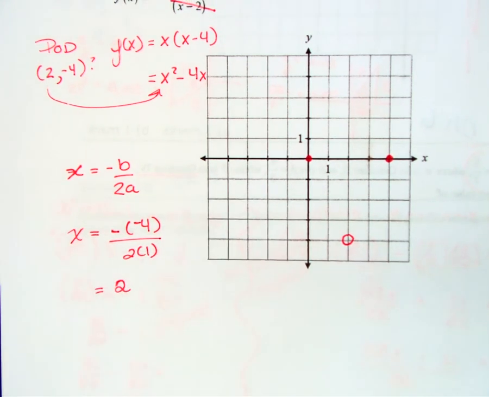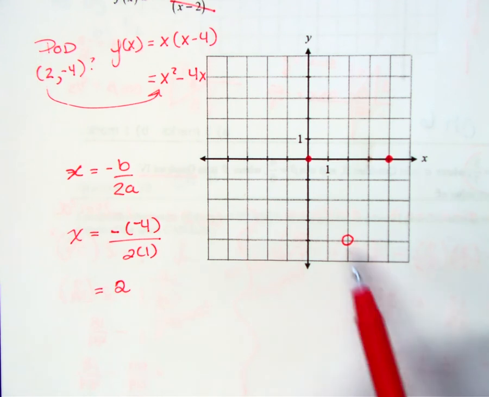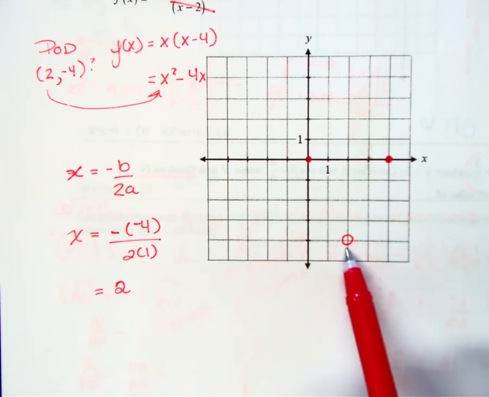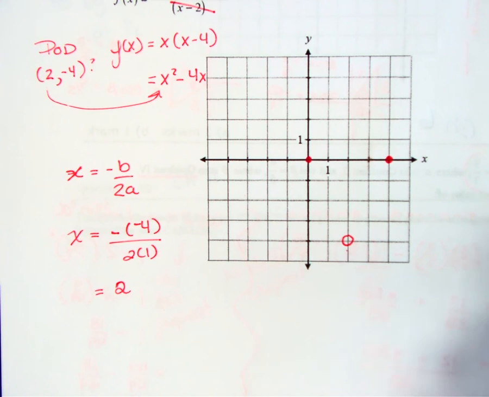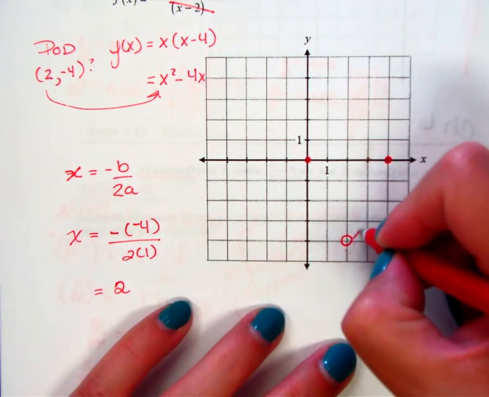Didn't we just find that? When x is equal to 2? So not only is this my point of discontinuity, what else is it? My vertex.